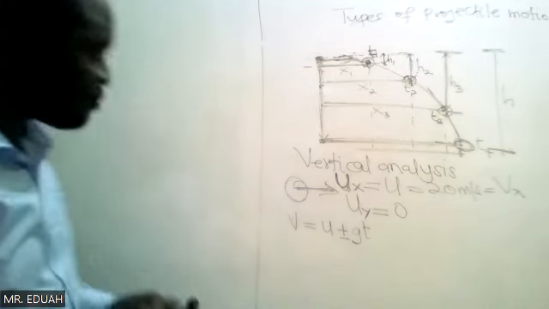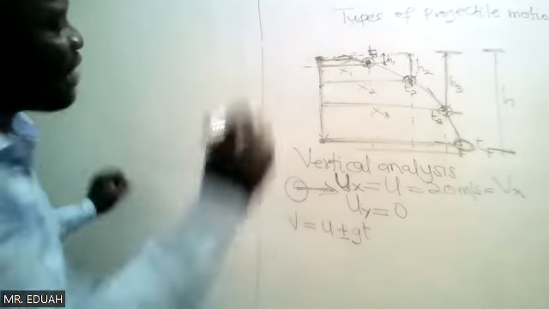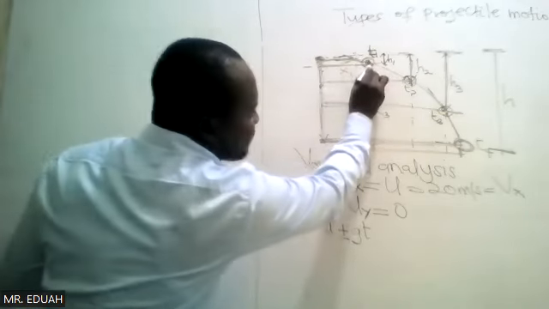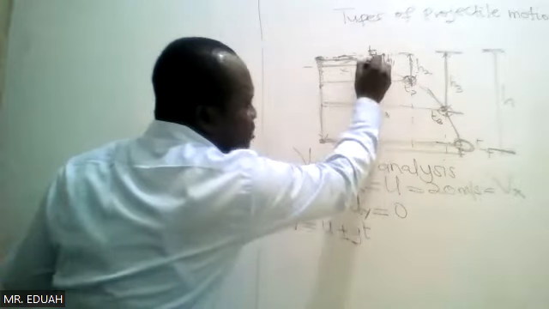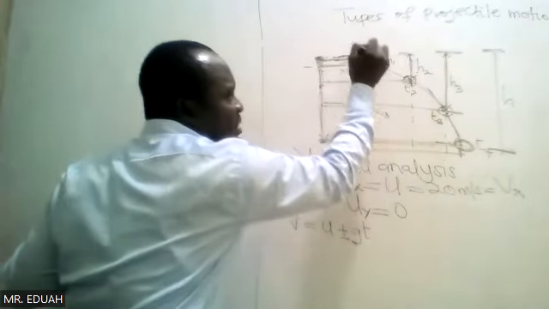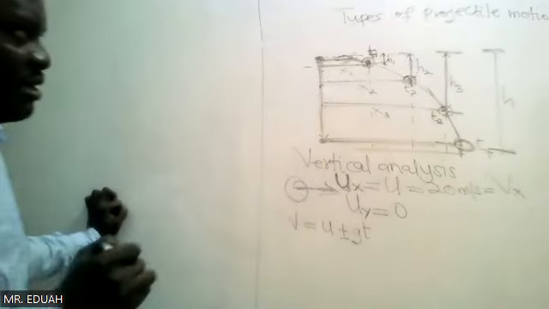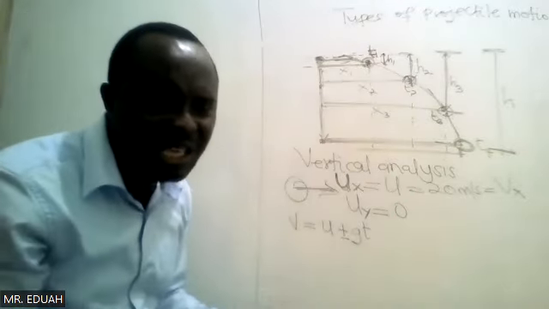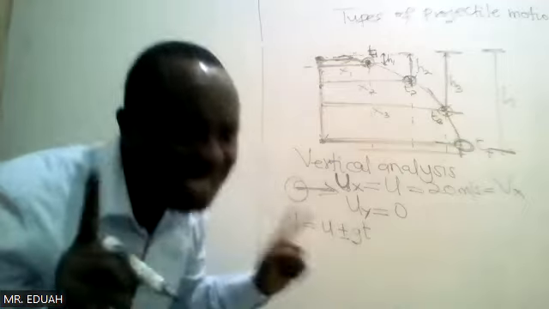So if the body is here, because of gravity, its velocity will be changing. I want to determine the vertical velocity of the body here. Horizontally, we are saying that the velocity is constant.